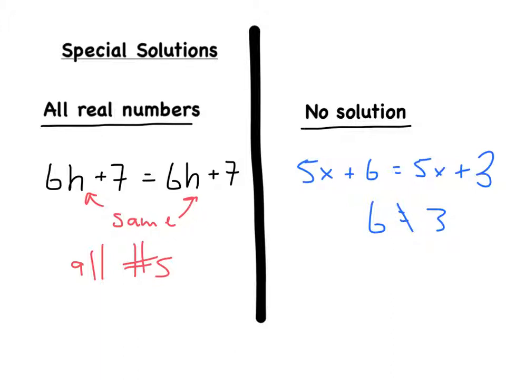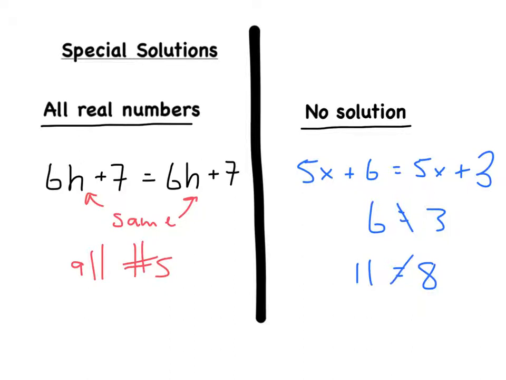We could even do it if x is equal to 1. So if we have 5 times 1, we have 5. 5 plus 6 is 11. And then if we plug in 1 over here, 5 times 1 is 5, plus 3 is 8. So 11 does not equal 8.